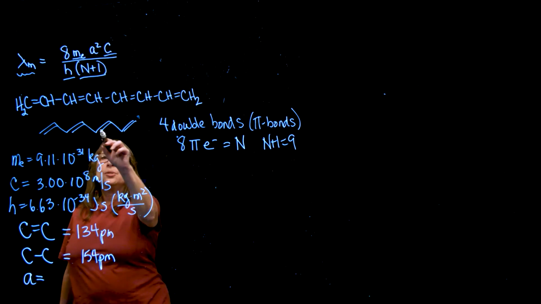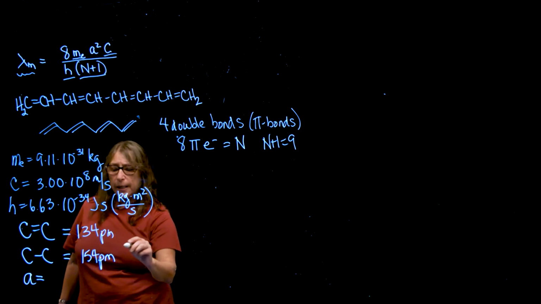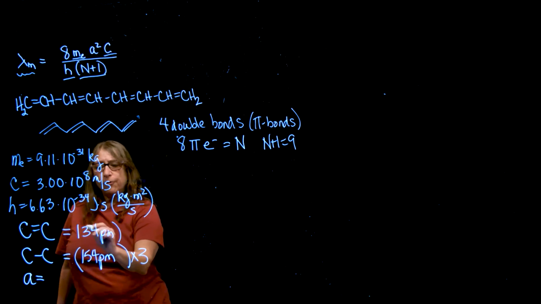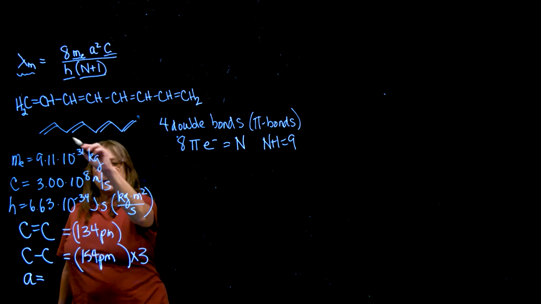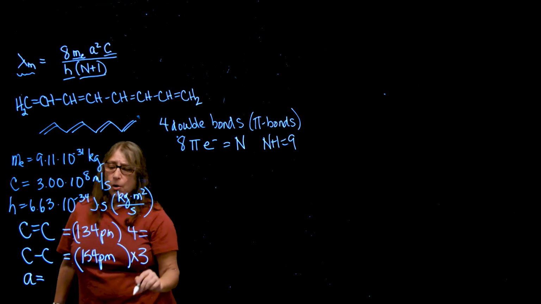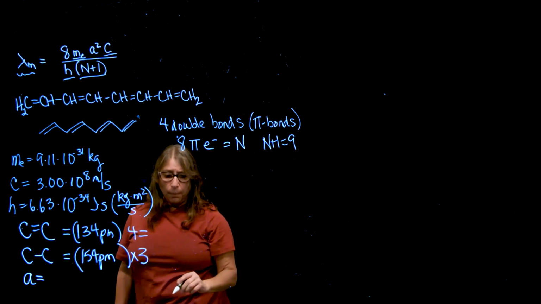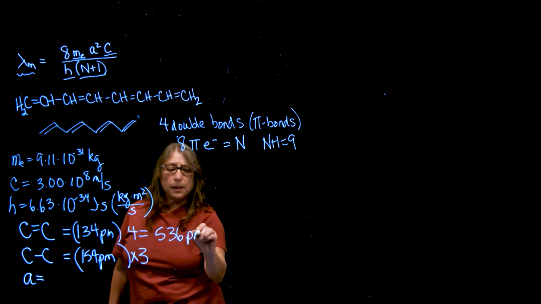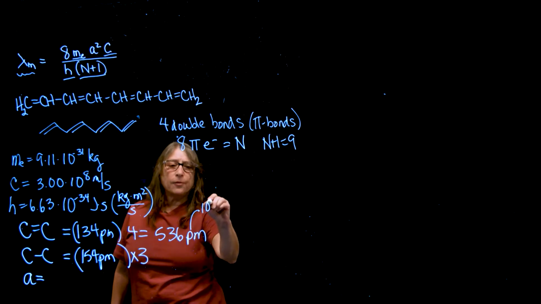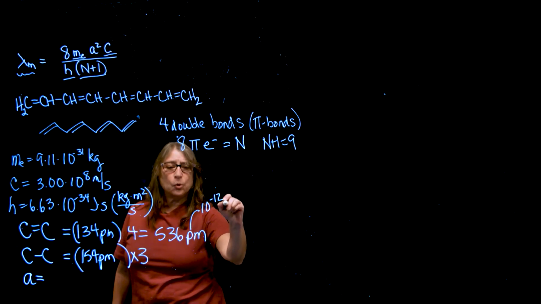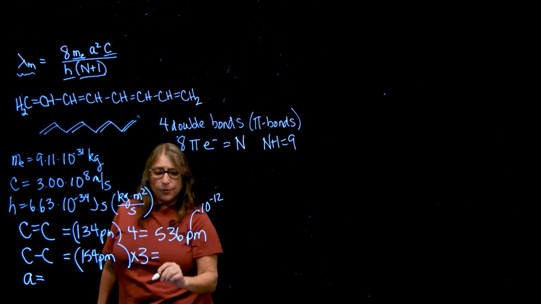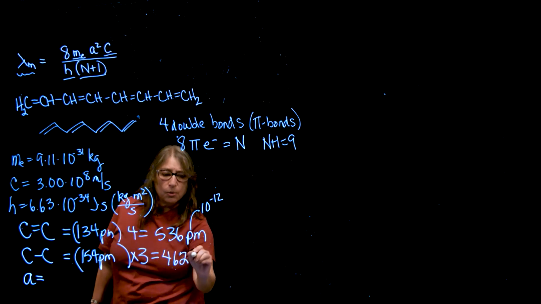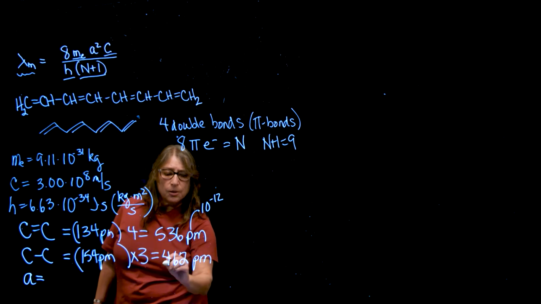Let's see, I have 3 single bonds and 4 double bonds. So 4 carbon-carbon double bonds is 536 picometers. I have to remind myself that pico means 10 to the negative 12. And for the single bonds, I have 462 picometers.